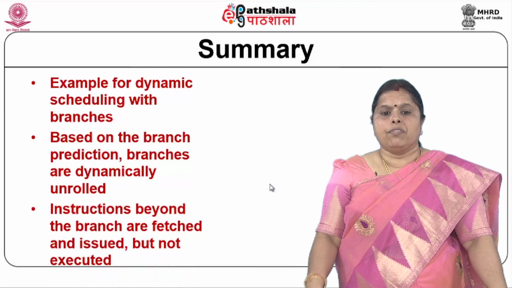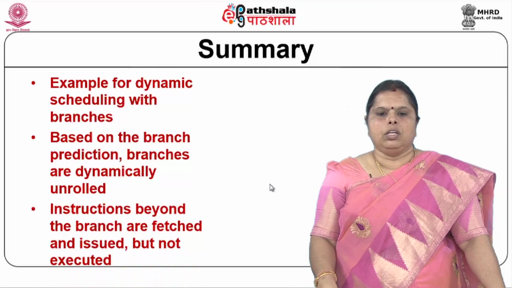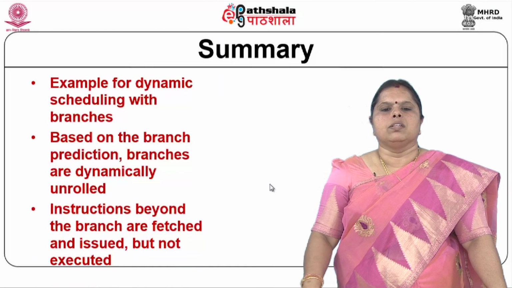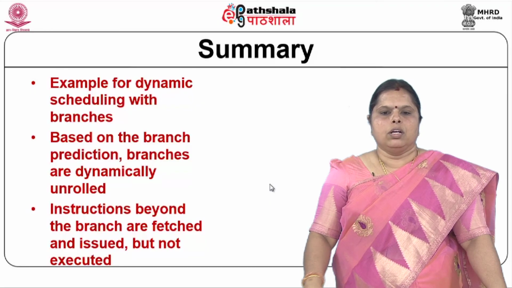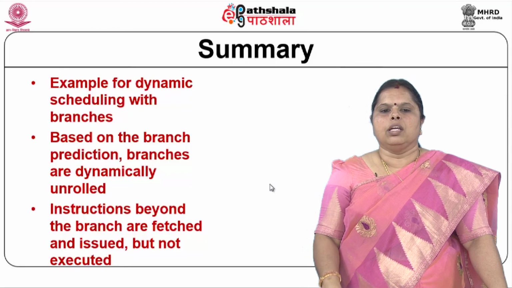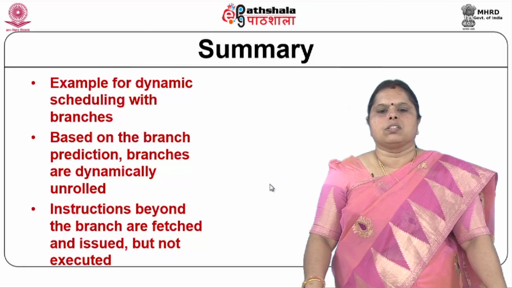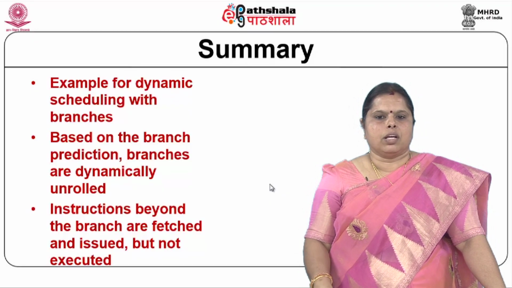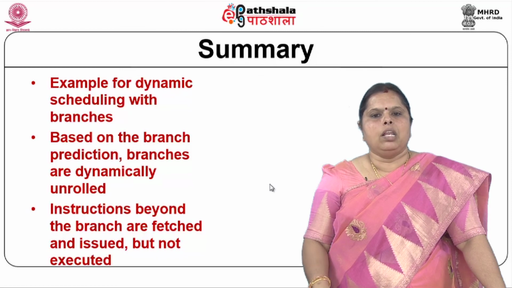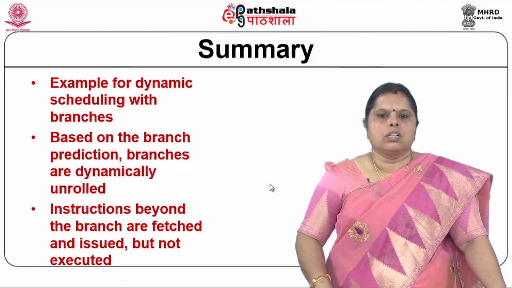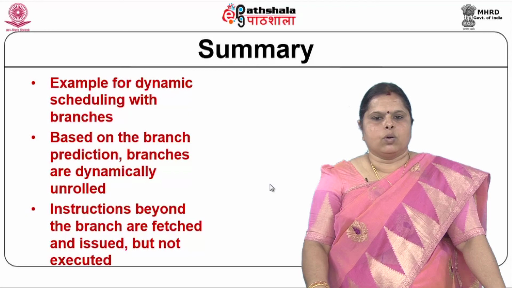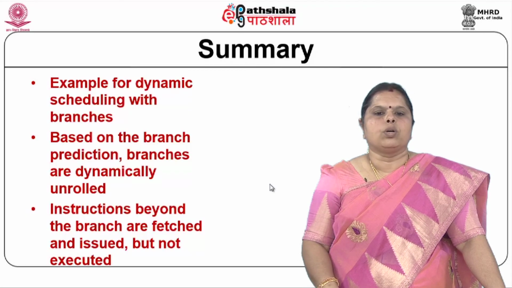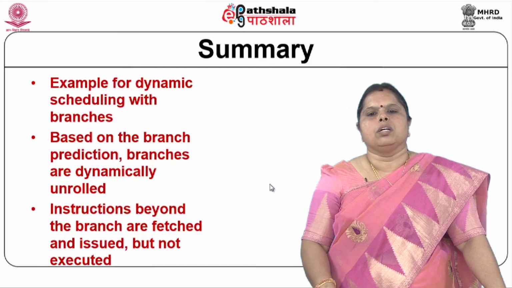So, we fetch instructions beyond the branch and issue them, but remember that these instructions are not executed. Observe that even though we fetched instructions based on the branch predictor, for example, the load instruction of the second iteration and the mul and the store instructions were fetched based on the branch predictor's outcome, the load instruction of the second iteration will be executed only after the first branch gets resolved.